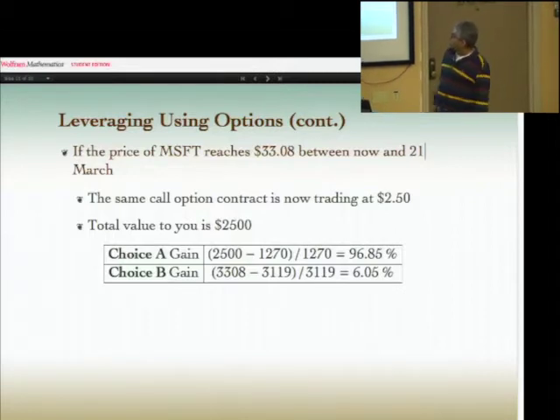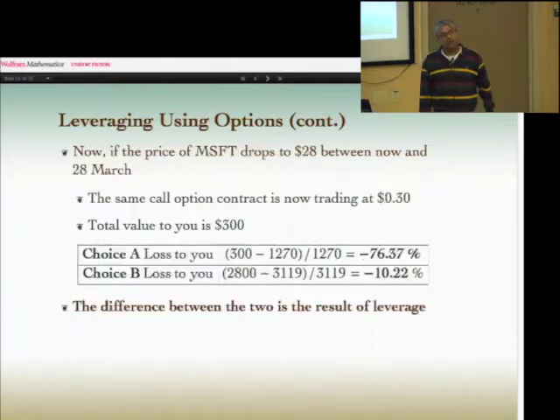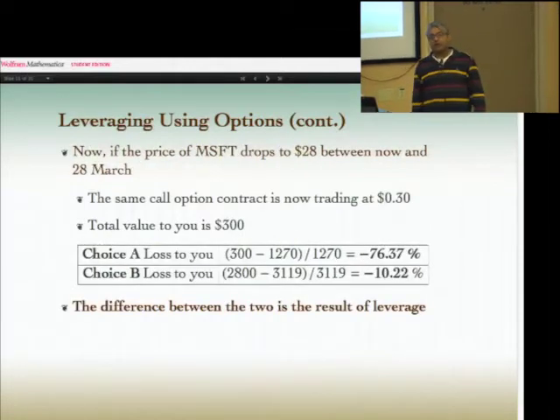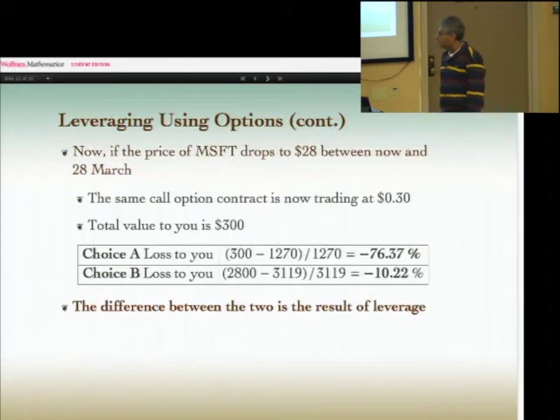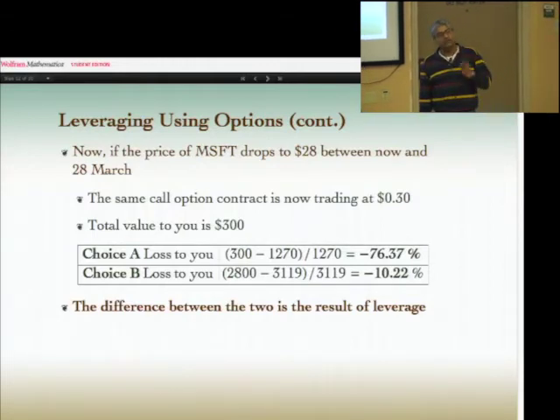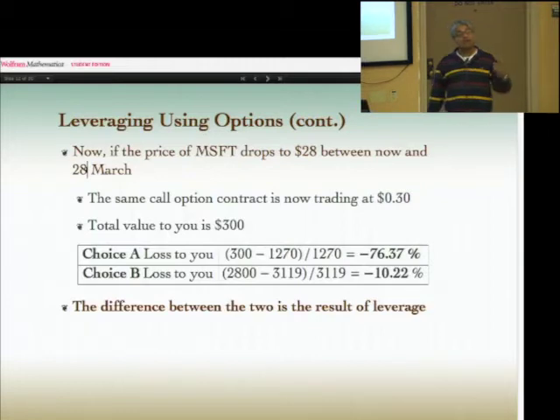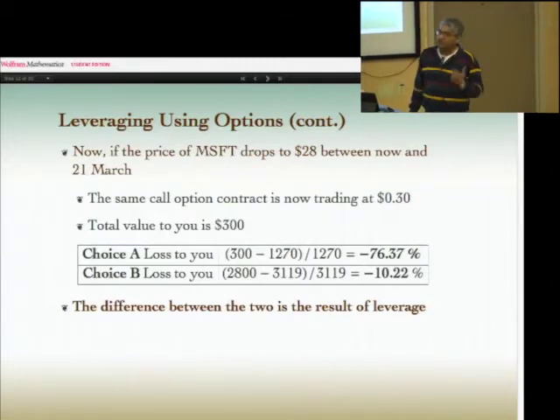Now, if the bad thing happens as an option holder, let's say Microsoft goes down unexpectedly and drops to 28 before expiration, whatever that is, the same call option contract has now gone down in value. It's now 30 cents a contract.